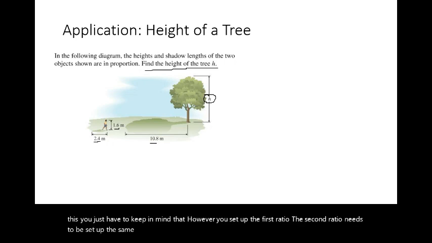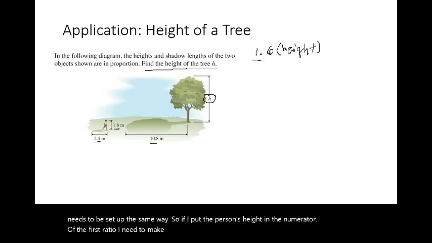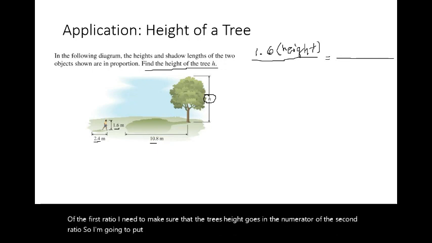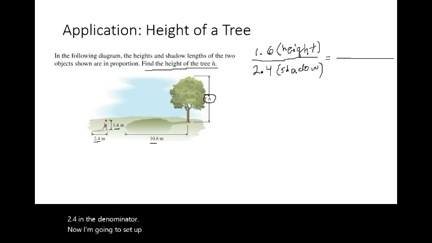So if I put the person's height in the numerator of the first ratio, I need to make sure that the tree's height goes in the numerator of the second ratio. So I'm going to put that 1.6 meters high in the numerator, and I'm going to put the shadow 2.4 in the denominator. Now I'm going to set up the numbers for the tree in the exact same way.